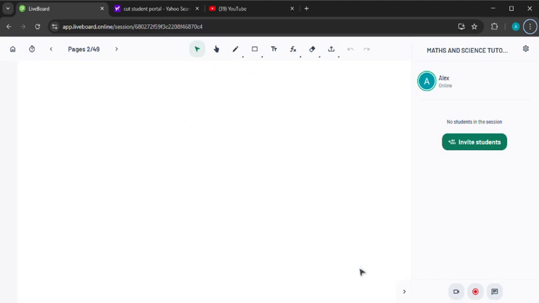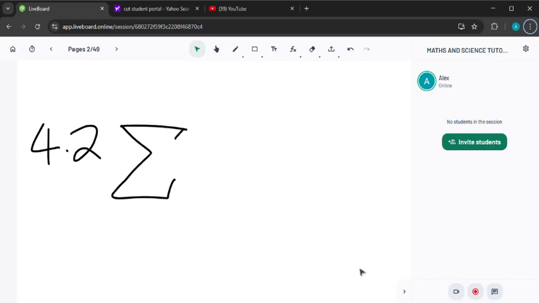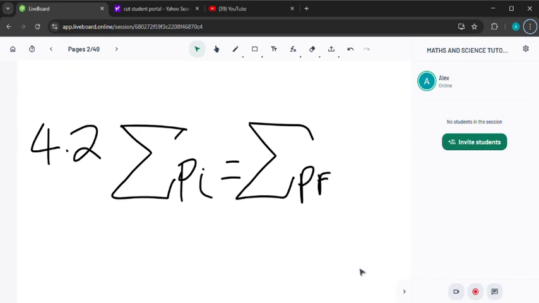So what are we going to use? We are going to use the principle of linear momentum, which says that the sum of momentum before is equal to the sum of momentum after, right? And we know that momentum is the product of the mass and the object's velocity.